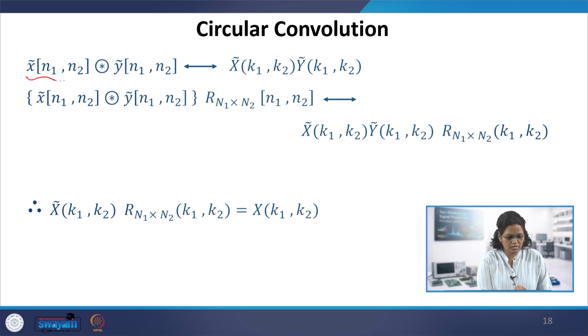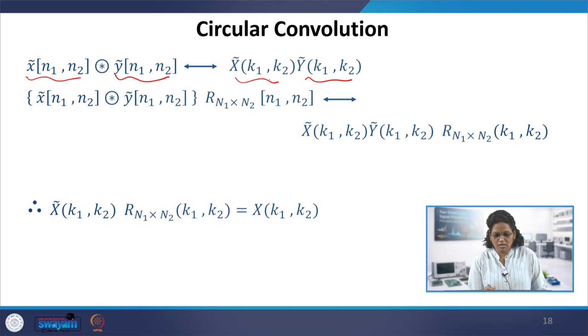So x tilde and y tilde, these are periodic sequences. If you convolve them, the periodic convolution results in the coefficients of the Fourier series and their multiplication. So here circular convolution results in a multiplication. So how can it be obtained for finite sequences? Because this is periodic, we take the periodic convolution of x tilde and y tilde and multiply by a rectangular sequence in 2D, n1 and n2, to give the finite sequence.